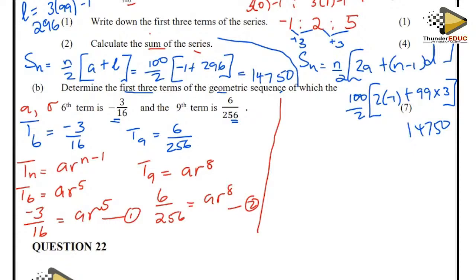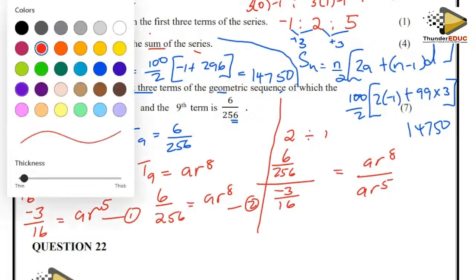Okay? So it doesn't matter whether you take equation 1 divided by equation 2 or equation 2 divided by equation 1. There is no problem. So I'm going to say 2 divided by 1. Okay. So I'll have 6 over 256 over negative 3 over 16. This will be equal to AR to the 8 over AR to the 5.